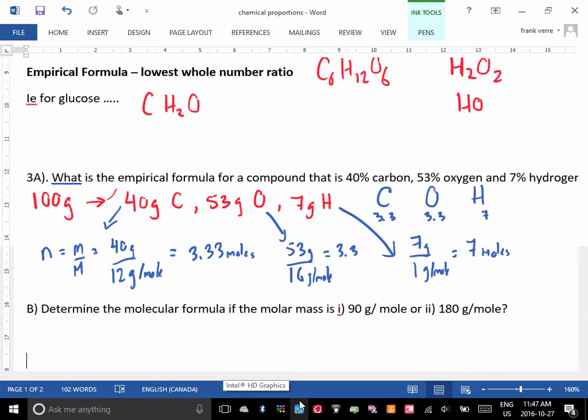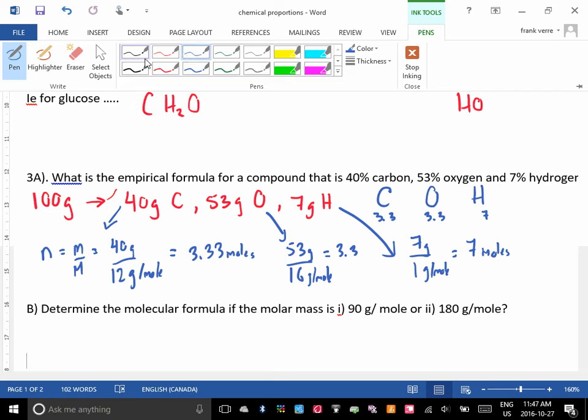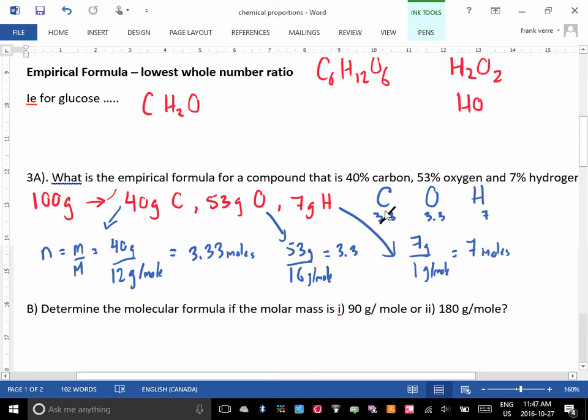A formula doesn't have decimals in it, it has whole numbers. So I'm going to divide everything by 3.3. If I divide everything by 3.3, I'm going to get 1 here, 1 here, and 2.12, which is very close to 2.